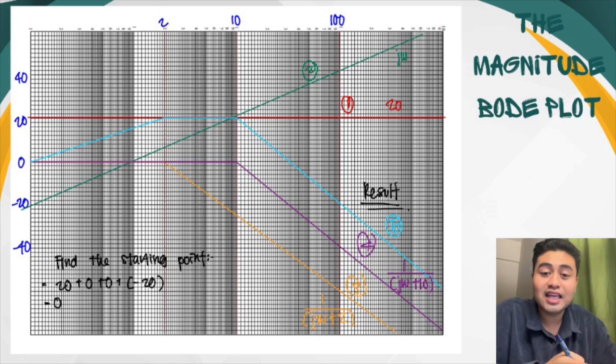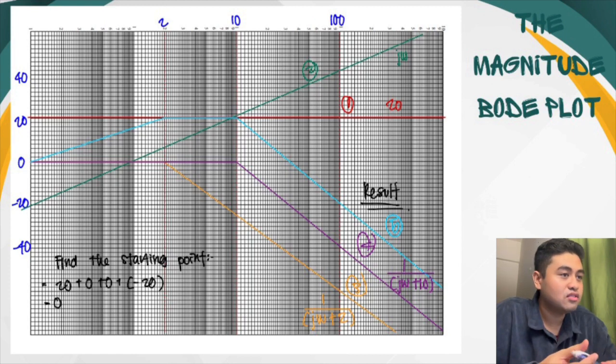But the region between 10 and 100 is different, because there are 3 graphs: one graph goes up, which is the 0 at origin, but 2 graphs go down, which are both simple poles, which means 20 plus minus 20 plus minus 20. So it means minus 20.